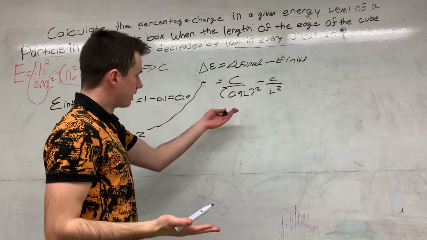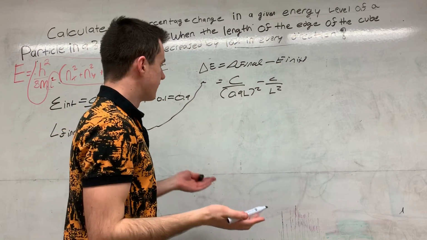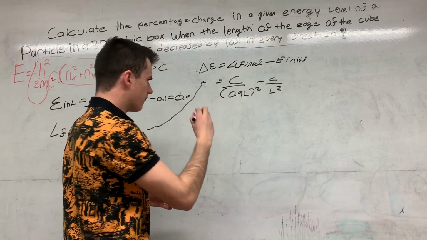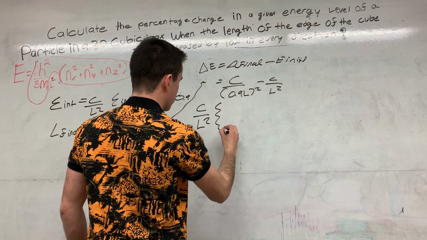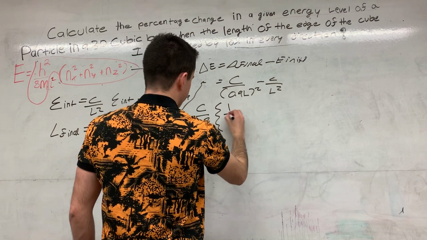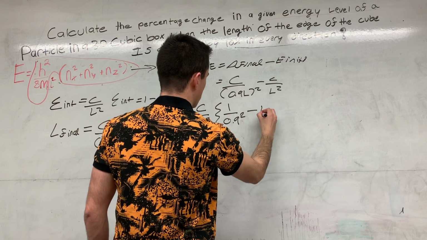And now looking at the function, we could do some simple simplification by factoring out C over L squared. Now we will end up with 1 divided by 0.9 squared, subtract 1.